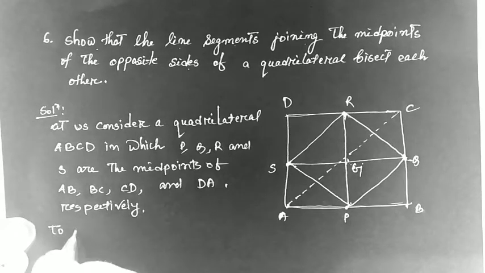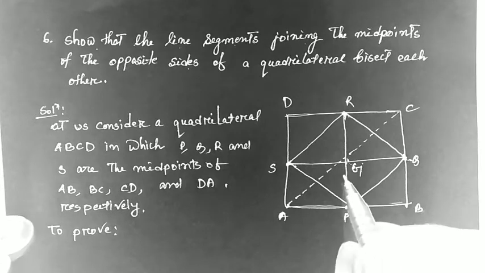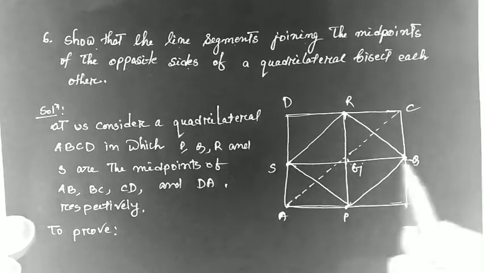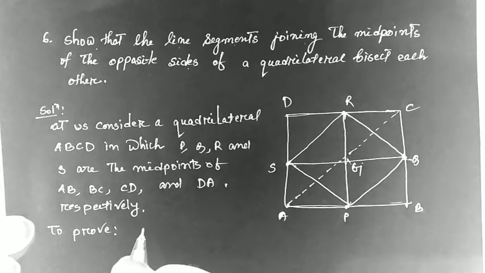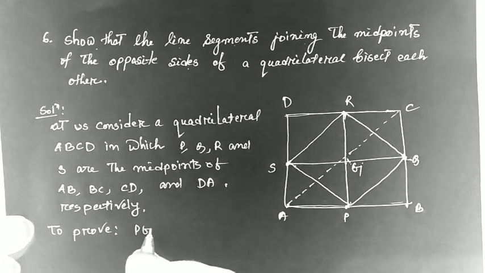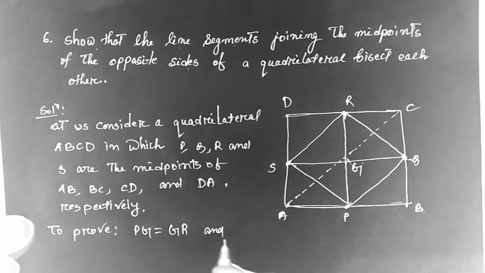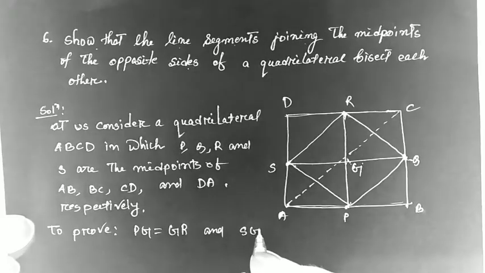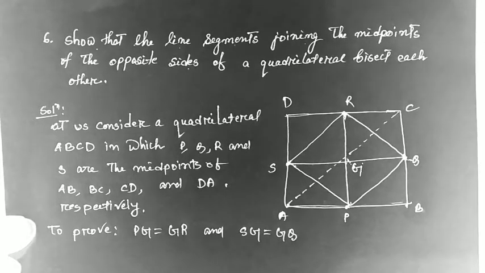To prove: that these two line segments PR and SQ bisect each other. That means we need to prove PG is equal to GR and SG is equal to GQ. These two things we need to prove.